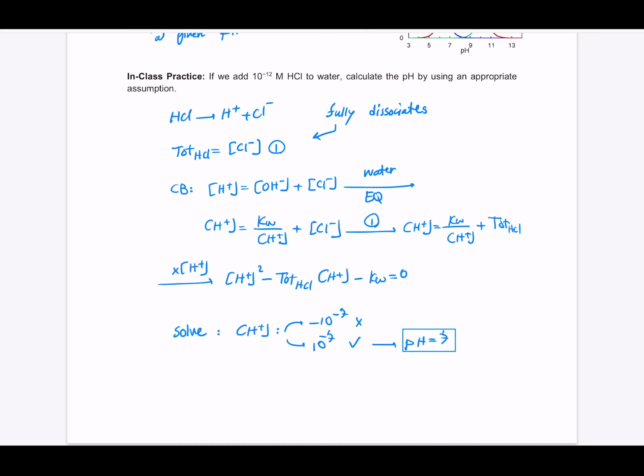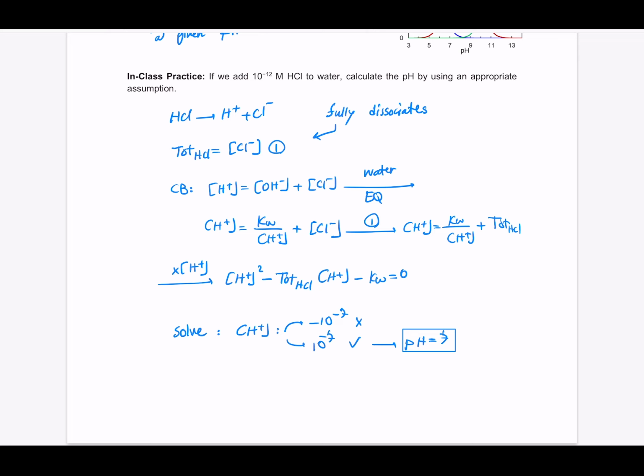So this example, or this practice, highlights the importance of doing speciation to eventually calculate pH. Because that quick calculation ends up in a pH of 12, which is not the case, obviously, here. But we use that very useful assumption of HCl being fully dissociated.